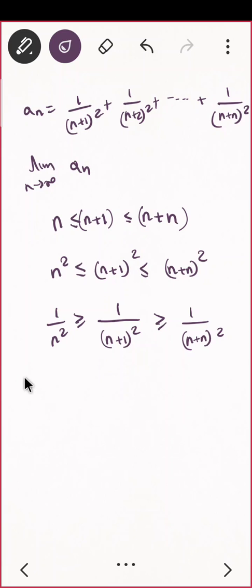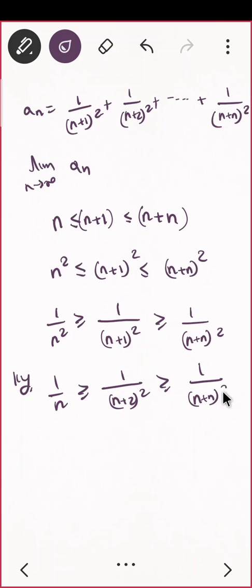That means I can write similarly 1 upon n square is greater than or equal to 1 upon (n plus 2) the whole square, that is greater than or equal to 1 upon (n plus n) the whole square. Correct? And so on, n plus 3, n plus 4, and the last term will be n plus n, or n plus k if you want.